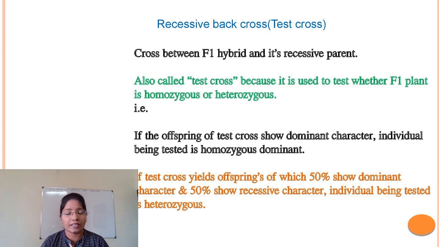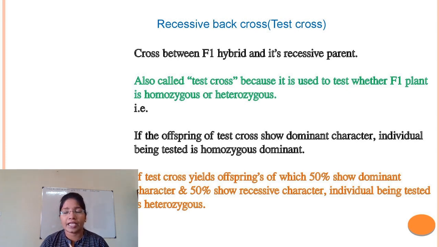The next is the recessive back cross. As the name suggests, it is a cross between F1 hybrid individuals and its recessive parent. The recessive back cross is also called a test cross because it is used to test whether the F1 plant is homozygous or heterozygous.